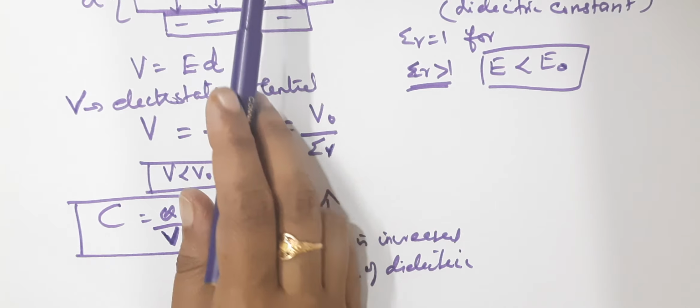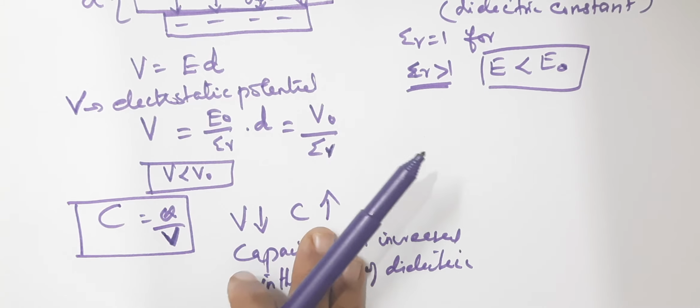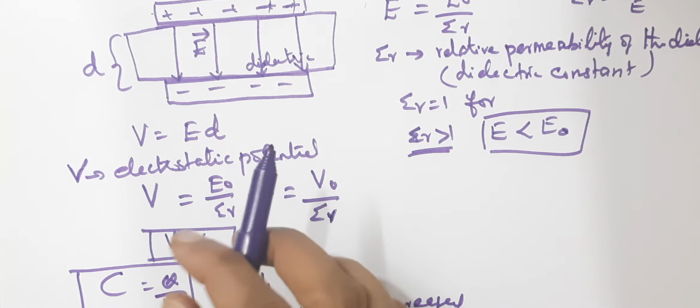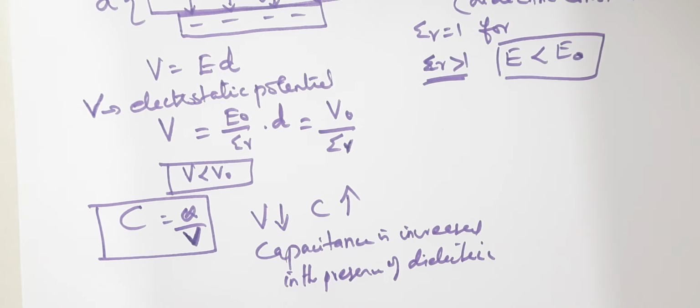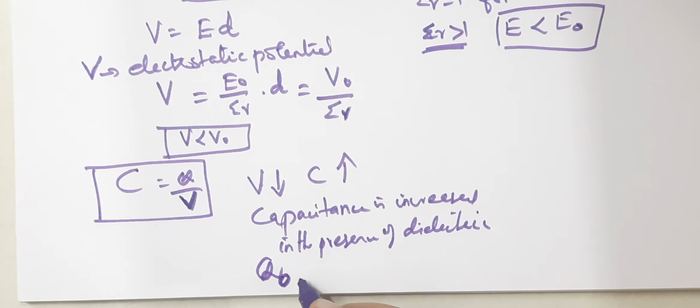Once the capacitor has been charged with the battery, that battery now gets disconnected. But the charge remains the same in this capacitor. By connecting the battery, the capacitor gets charged. By disconnecting the battery, the capacitor has the same charge. So we should note the point that the charge Q0 will remain the same.